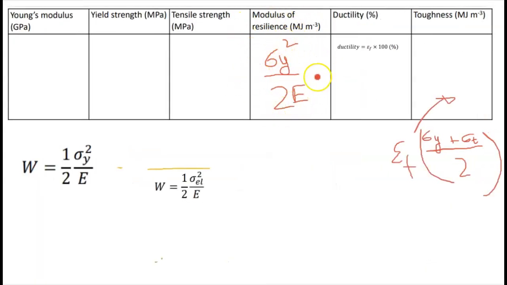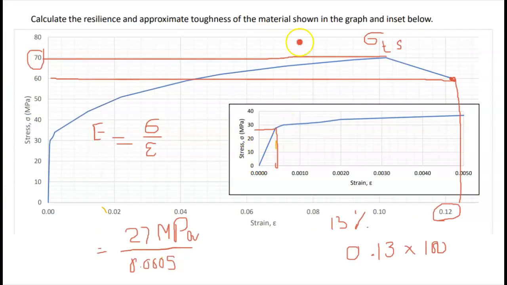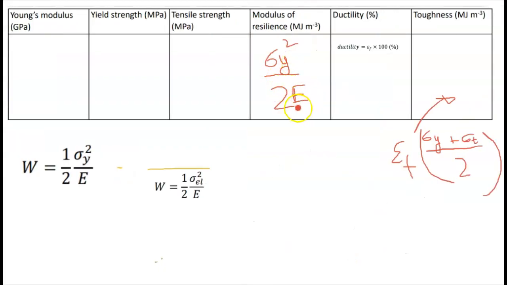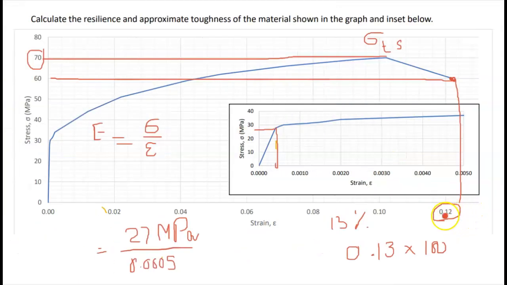This is the equation for modulus of resilience: sigma y squared over 2E. What's sigma y? It's that value. Where is the E? You calculate the E in this part. Then ductility is simple and easy. Then toughness, this is the formula for toughness: sigma y plus sigma ts divided by 2, multiplied by the strain. The strain value is here, 0.12. And that's it.